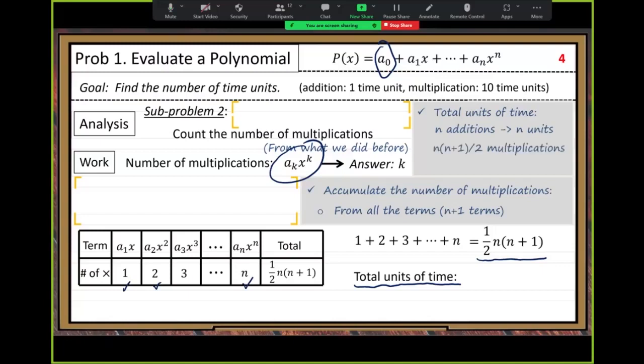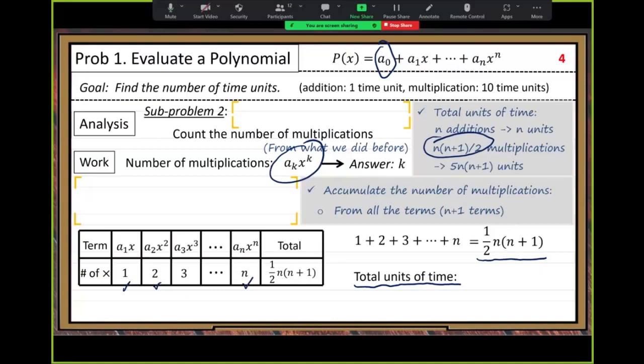The contribution from n times n plus 1 over 2 multiplications: we know each multiplication equals 10 units of time by our assumption. So we need to multiply this number by 10. So that's 5 times n times n plus 1 units.